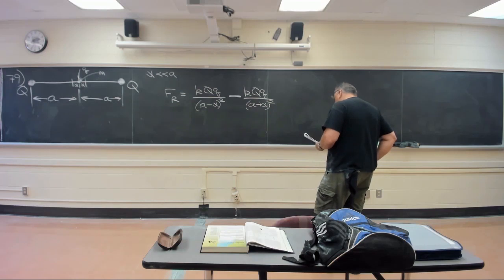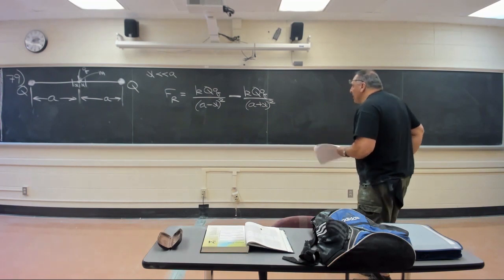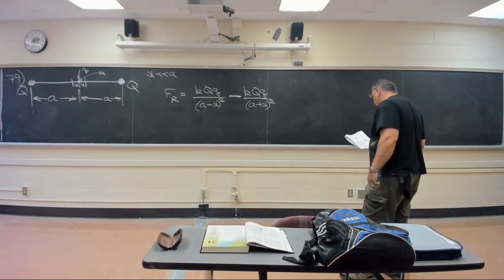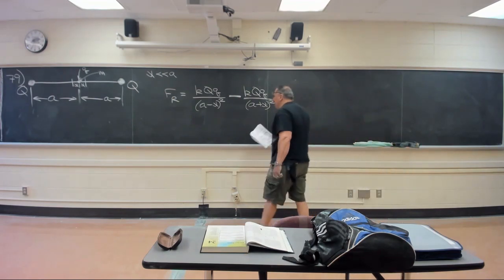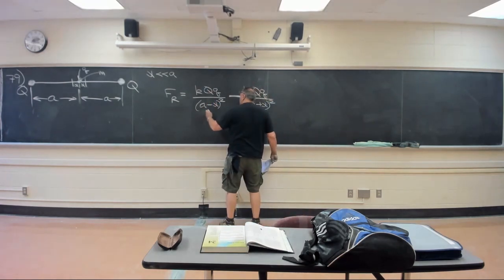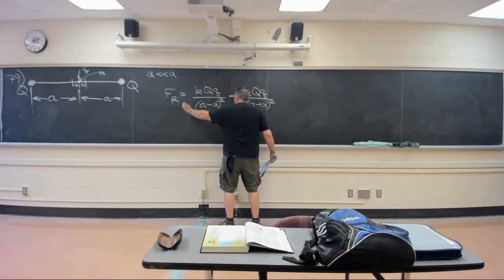There's a whole lot you can do, I guess you could say. When you look at something like this, I just want to see how I want to argue this. All right, let's multiply this one by a special one called the quantity a plus x squared over the quantity a plus x squared.